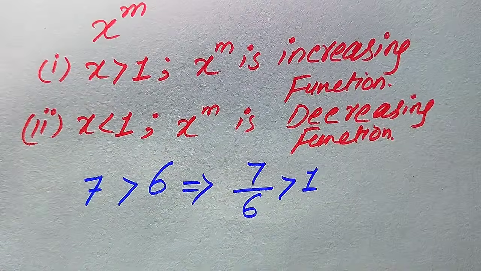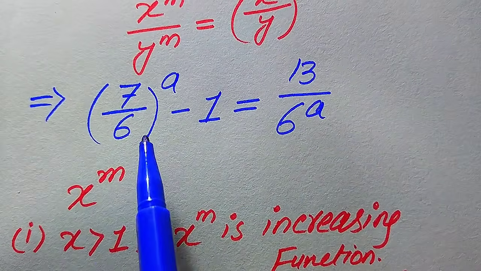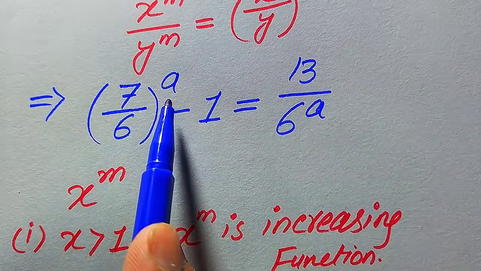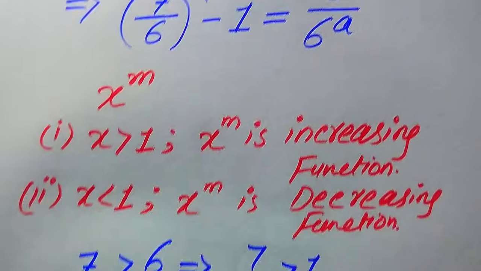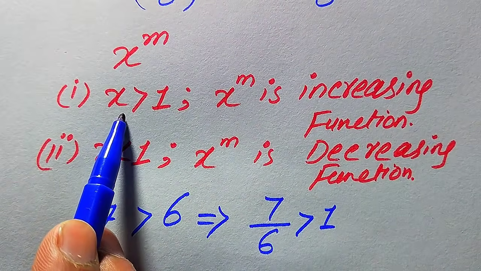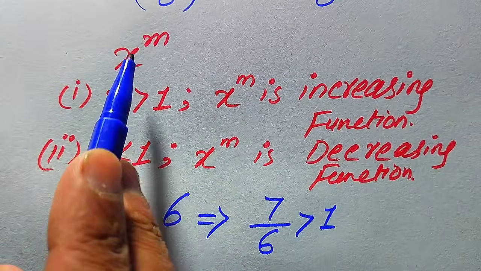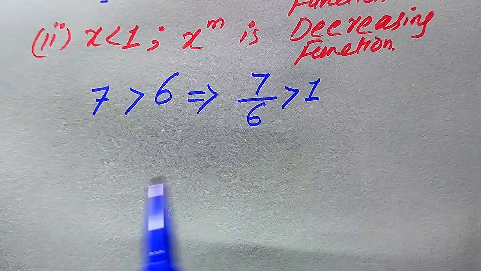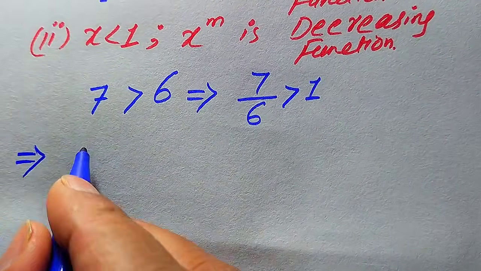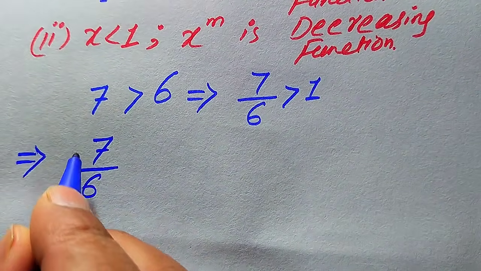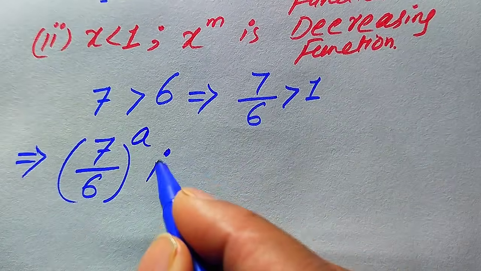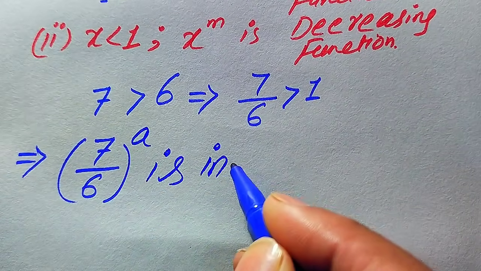So the base of 7 over 6 to the power of a is greater than 1. According to this rule, if the base is greater than 1, the whole function is increasing. So 7 over 6 to the power of a is an increasing function.